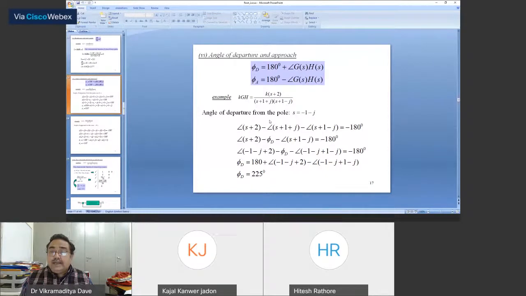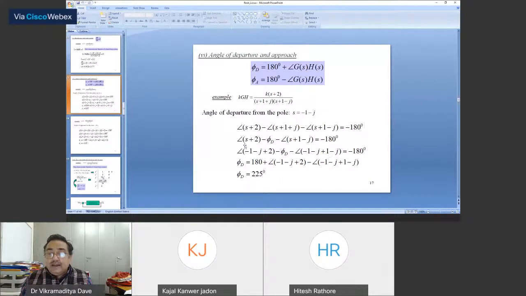So first of all, you will find the angle of s plus 2, minus angle of s plus 1 plus j, minus angle of s plus 1 minus j. It should be equal to minus 180 degree, because as I already told you, G(s)H(s) is nothing but -1, so the angle should be minus 180 degree.